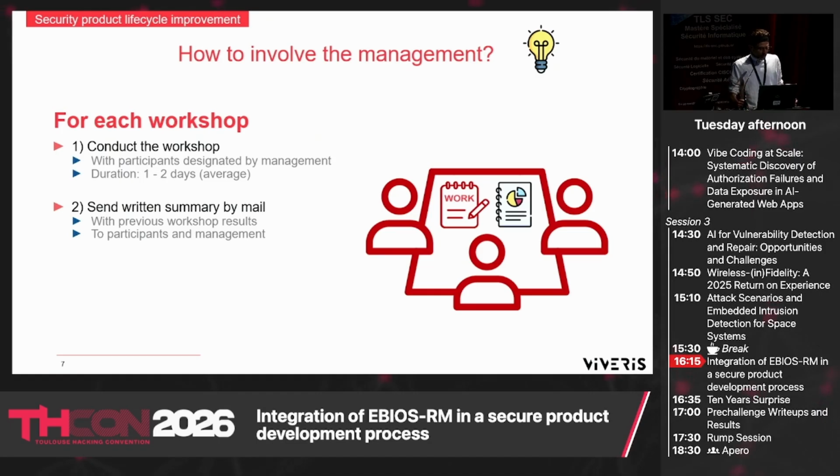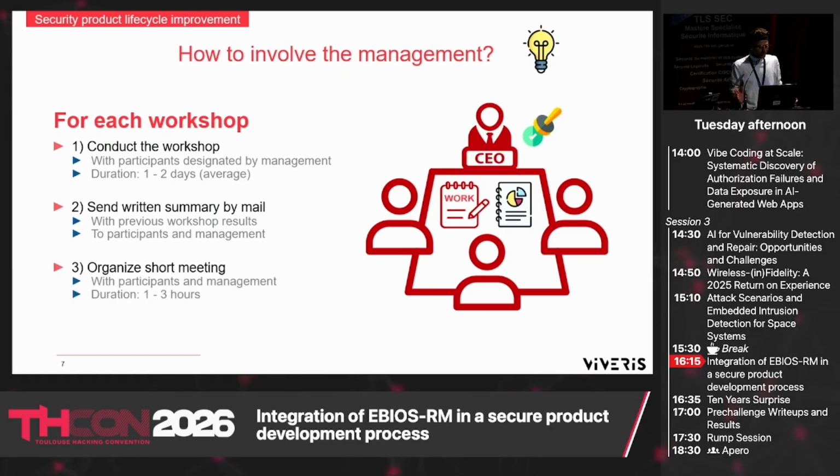Then we send a written summary by mail to management and other participants so they can familiarize with the results and prepare some comments or some questions. And finally, we organize a short meeting, usually between 1 and 3 hours, to discuss key points, any disagreement, and finally, validate the results.